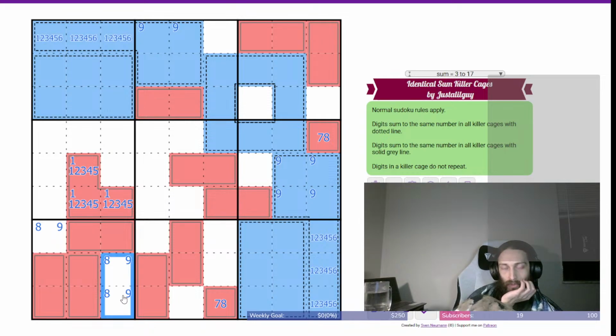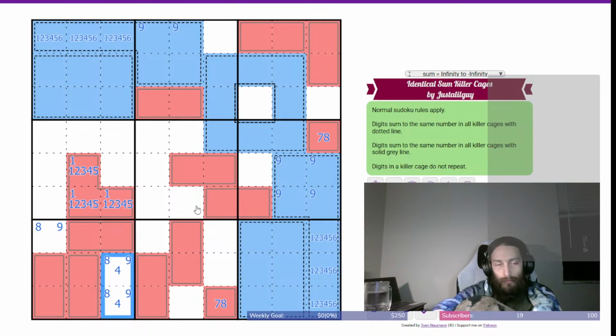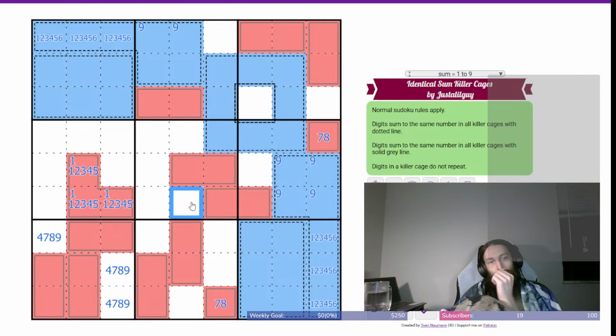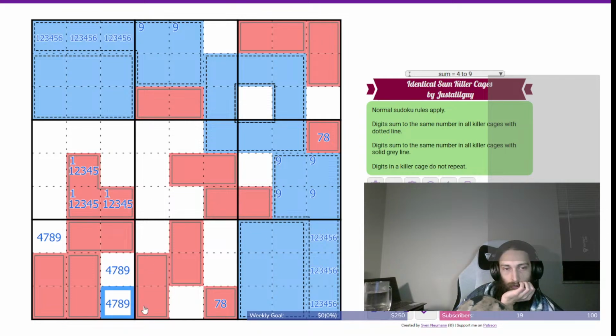So it's either 789 or 489. Well, if this is 789 because of the 7, then this could be a 7. And if this is an 8, then that's 489. It would just be 49. But either way, it's not a 7.